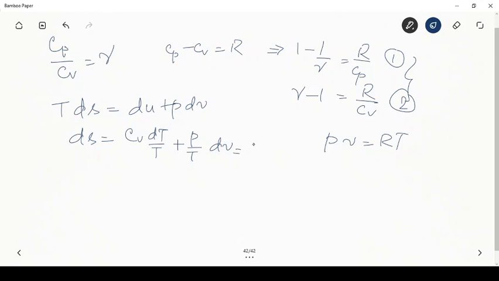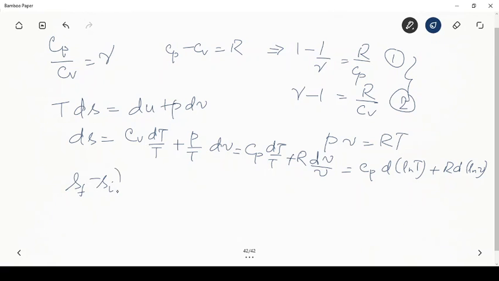So this will be equal to Cv dT by T plus R dv by v. This can also be written as Cv d of log T plus R d of log v. So then this is the expression. If I integrate this, I get Sf minus Si for any process i to f, which is basically the integral of these two.